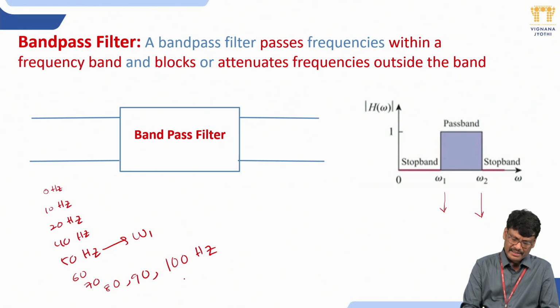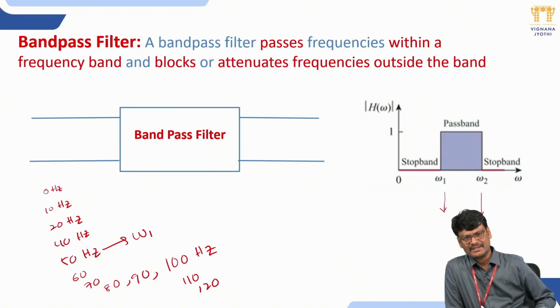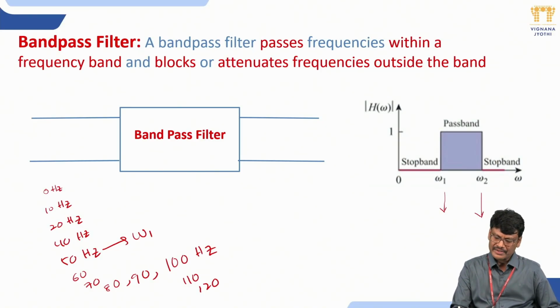After 100 hertz, again 110 and 120 are the input signals available. Now we have taken omega 1 equal to 50 hertz and omega 2 equal to 100 hertz. So this is the band between 50 hertz and 100 hertz.